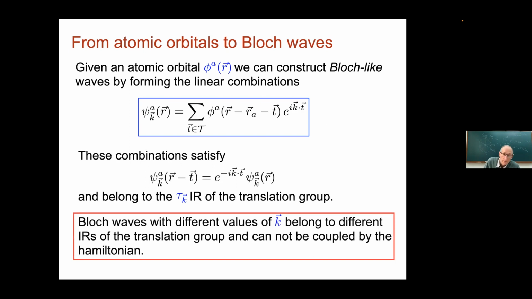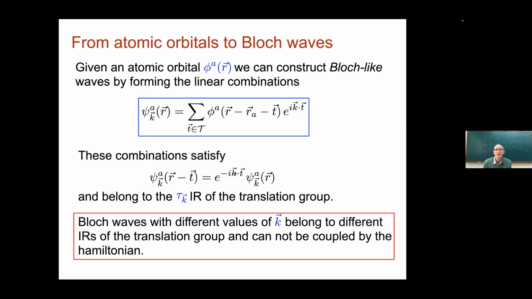Then Bloch waves with different values of k. Here, by different values of k, I mean non-equivalent values of k. Remember that k was not momentum, was at best crystal momentum, but in fact, mathematically, this is just a label for an irreducible representation. And what really matters is this.